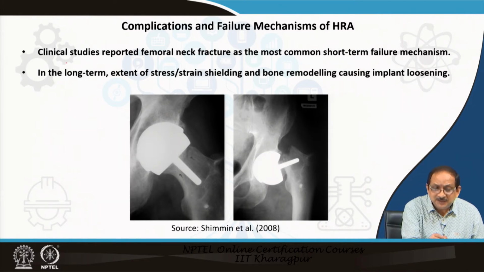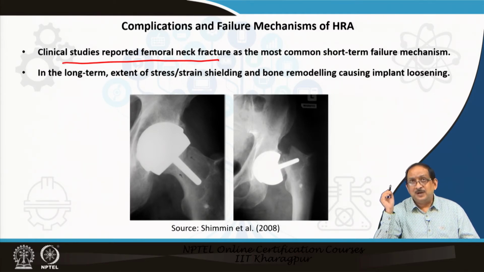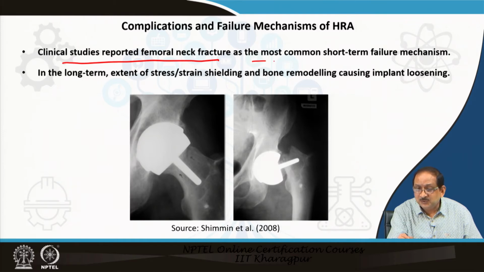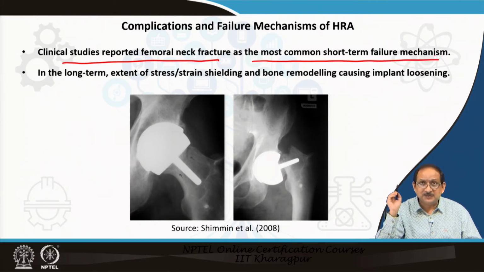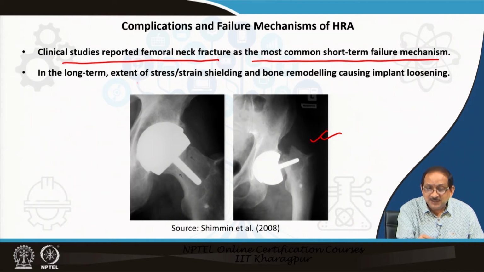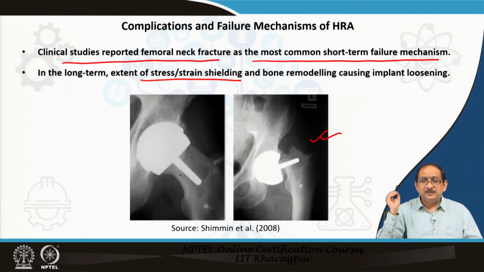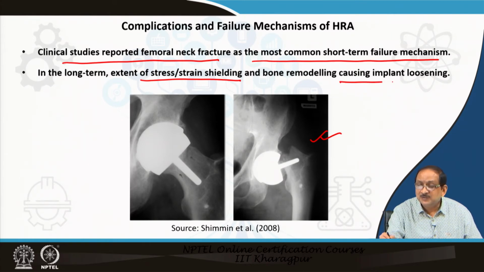Clinical studies reported femoral neck fracture after surgery as the most common short-term failure mechanism. This is clearly indicated here in the slide. In the long term, stress shielding and adverse bone remodeling leading to periprosthetic bone resorption, eventually causing implant loosening, have also been reported.